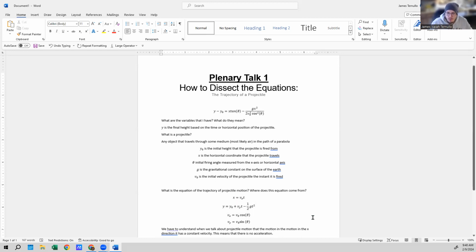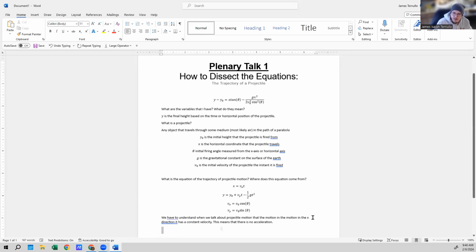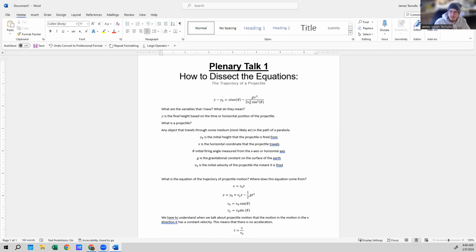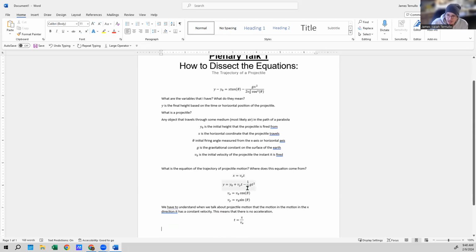So if that's the case, we can actually solve that equation for t. And that's going to give us something pretty useful, because in this equation here, we see that we have time. We also see and can infer what Vy is. But ultimately, we need to get rid of t in this equation.